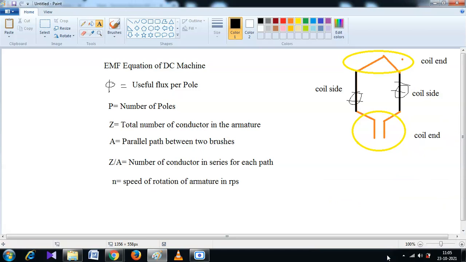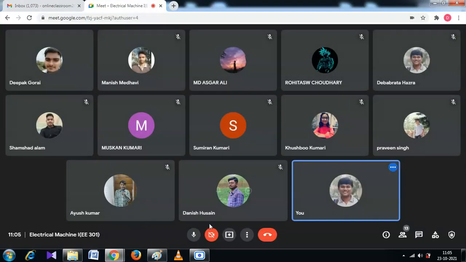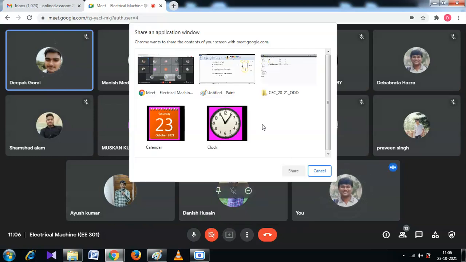Am I audible, Deepak? Yes, sir, audible. What is the full form of RPM? Rotation per minute, sir. And what is the full form of RPS? Rotation per second.